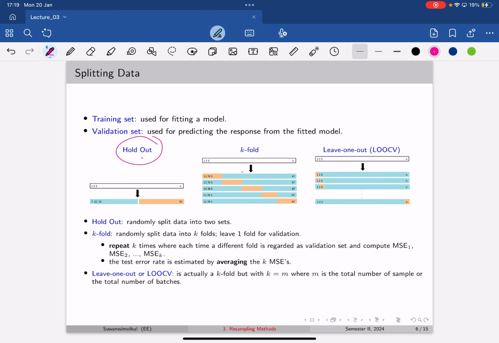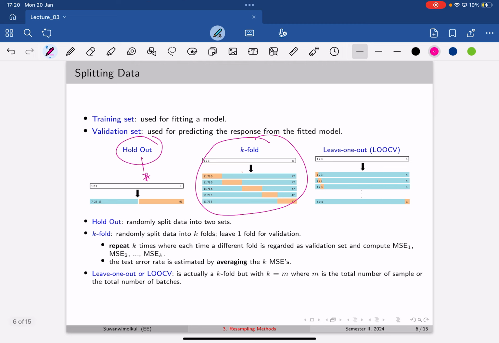And this one is the one people would normally do if they have a very, very big data set. Let's say if they have a labeled data set of about 10,000 up, they will just do the holdout normally. But if you have anything lower than that, it's recommended to do something like k-fold cross-validation.